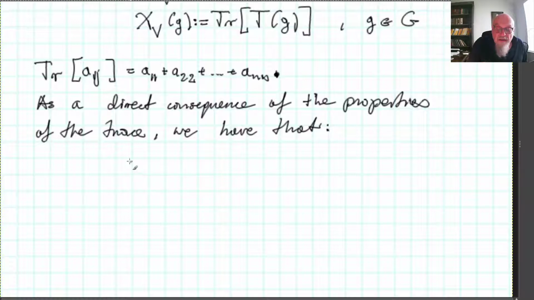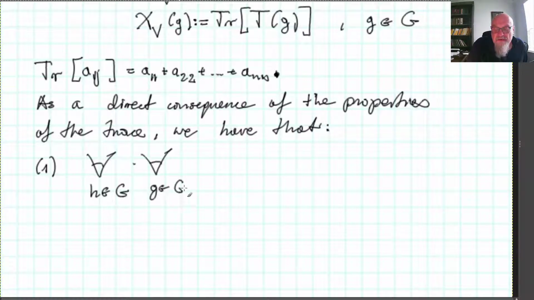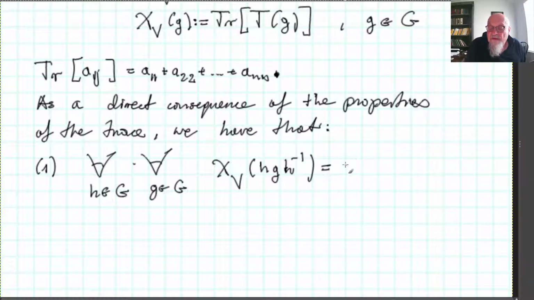first of all, number one, for any h belonging to G and for any g belonging to G, the character of V on h g h^{-1} will be the same as the character of V on g.